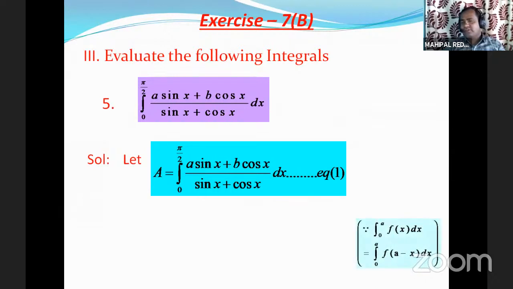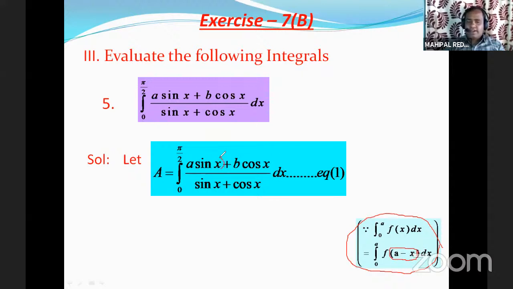And we know this important property: integration from 0 to a of f of x dx equals integration from 0 to a of f of a minus x dx. Just the x variable is replaced by a minus x.